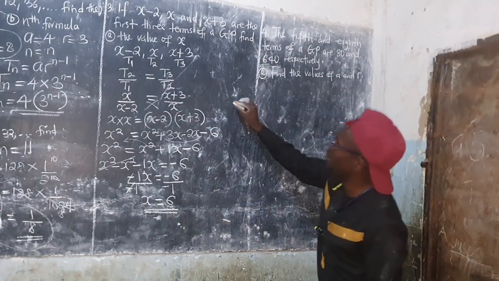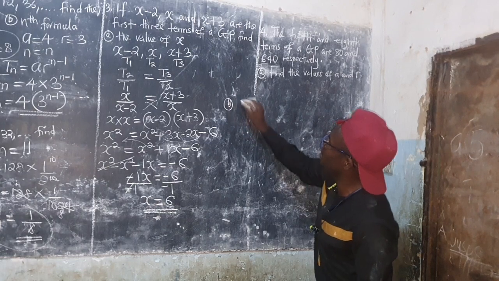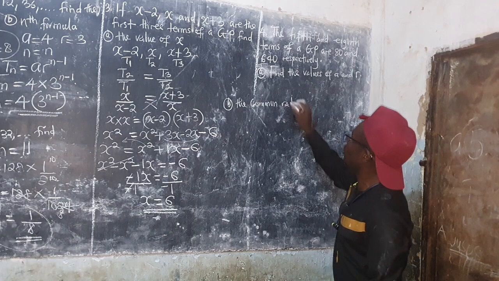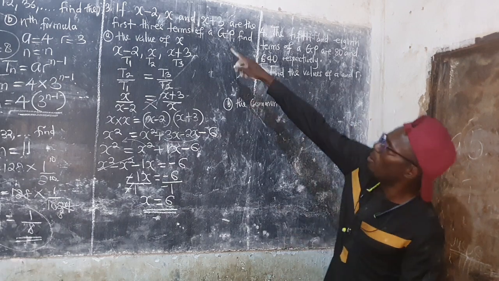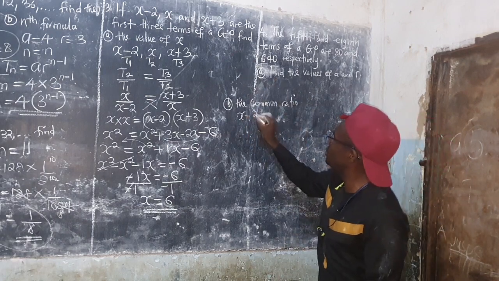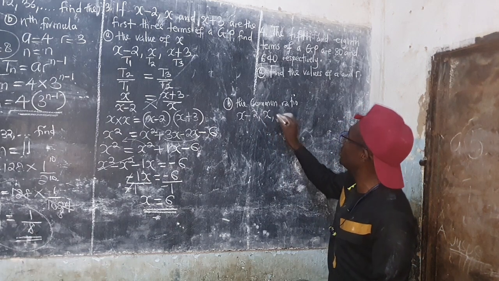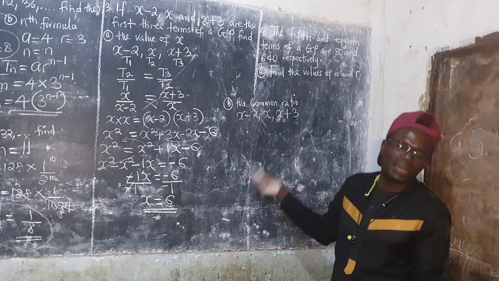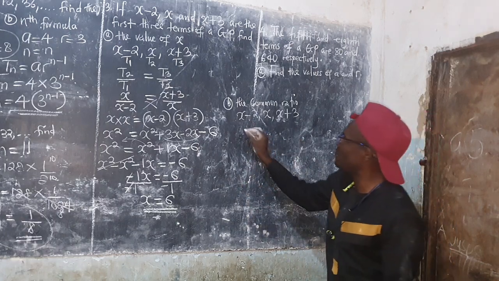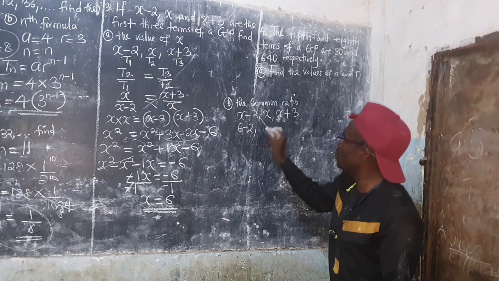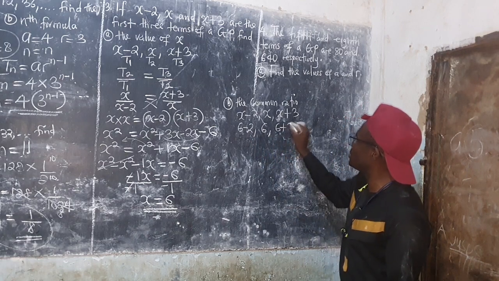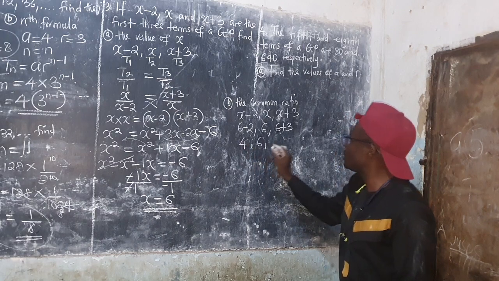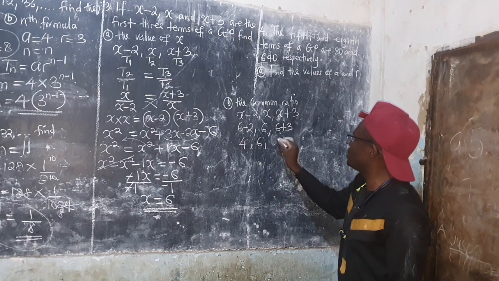By the question in part B, find the common what? Ratio. Now, how do you find the common ratio? You go back to x minus 2, x and what? X plus 3. You go and replace it with x equals 6. So 6 minus 2 is what? 4, comma 6, comma 6 plus 3 is what? 9.